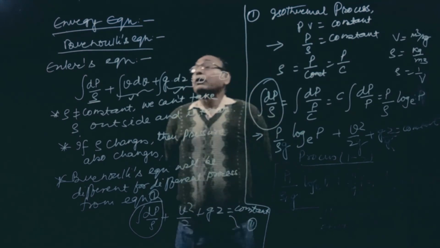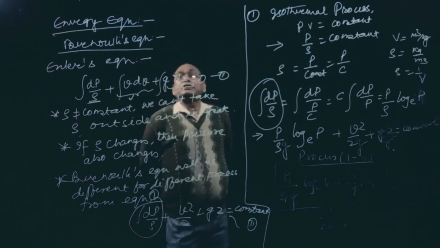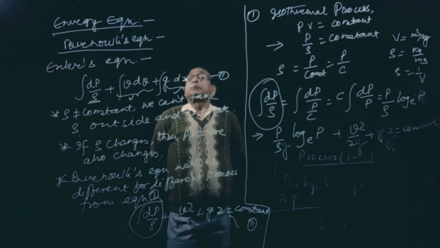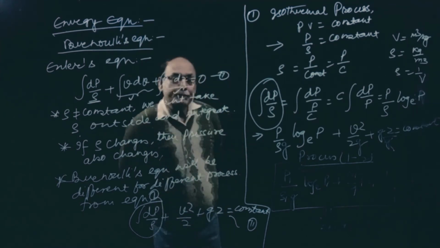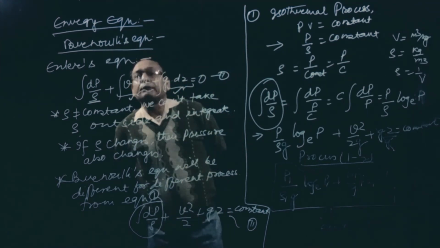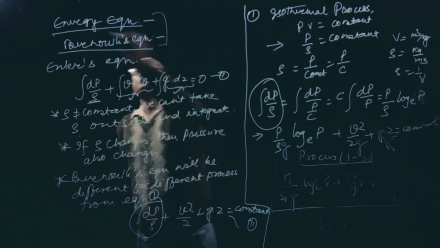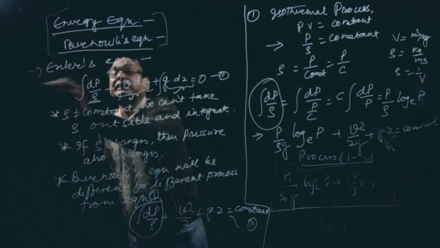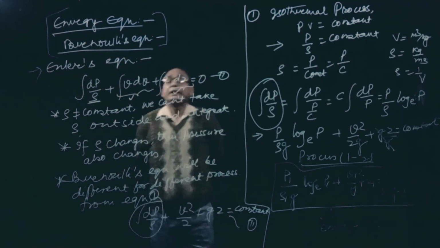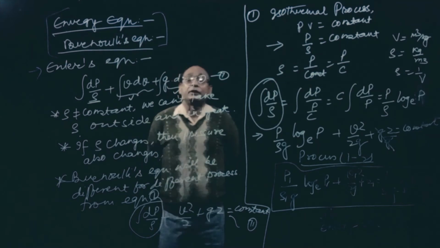The energy equation is also called the second equation; the first equation was the continuity equation, which we have already derived. The energy equation and Bernoulli equation are one and the same. The Euler equation takes the form dP by rho plus V into dV plus G into dZ is equal to 0.